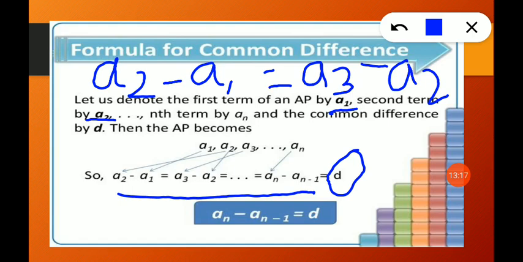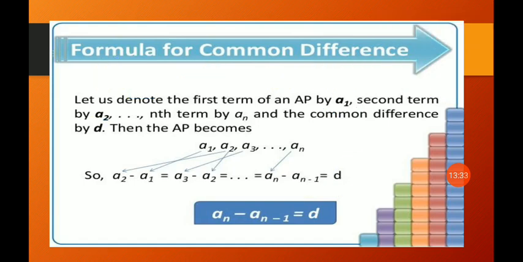If the list of numbers is not in AP, then it will not give us a common difference. Okay students, so in our words we can say that the common difference is the difference of any two consecutive terms in the list of numbers of an AP.